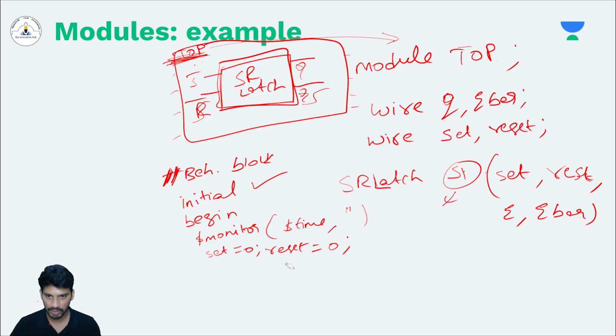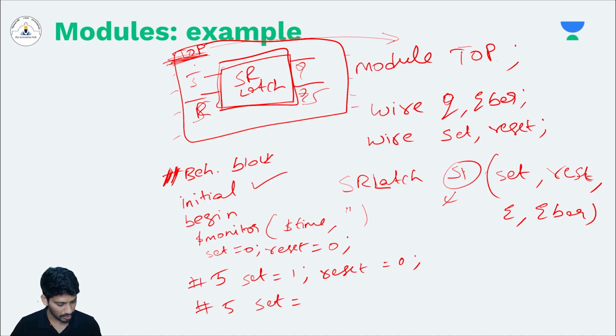Then after 5 nanoseconds, I want to put set equals to 1, reset equals to 0. After 5 nanoseconds, I want to put again set equals to 0, reset equals to 1. So this way, I can give my input test patterns, and then I will end the initial block. Once I end the initial block, I need to end the module also. So I am ending the module.